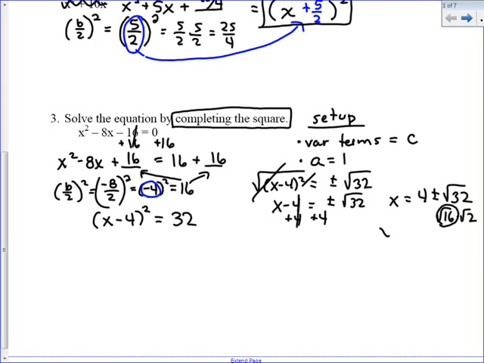So I'm going to have x equals 4 plus or minus 4 square root 2. That's my final answer. I don't have to break that up because it's still got a square root in it. So completing the square is a little bit of a longer process because it combines number 2 and number 1. Questions?